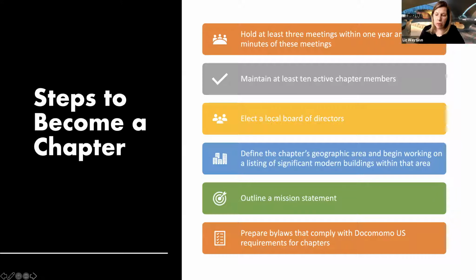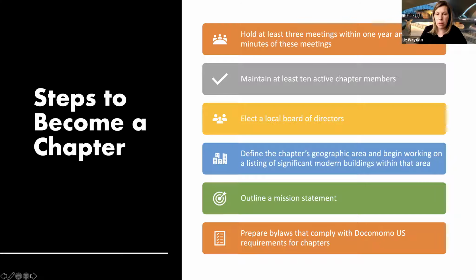Now, if you're here and you're interested in a chapter, I think I saw Kansas was on the list. Maybe you know 2 or 3 people who would also become chapter members, but you think, I don't know enough people to get to 10. We would actively work with you to identify perhaps people that are already members of Docomomo that live in your area, connect you to architectural firms that we know, connect to schools, architecture schools in the area.